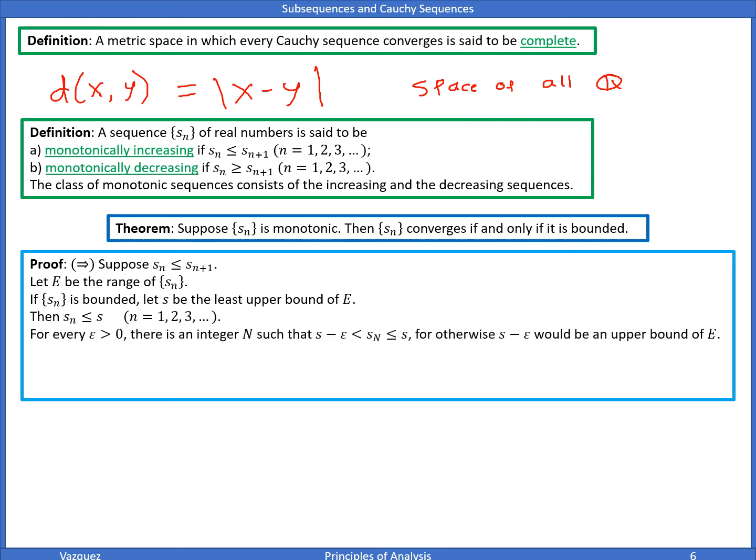Well, for every epsilon greater than 0, there's an integer N such that we can get a term of the sequence S sub N that's between s minus epsilon and s, our supremum. Otherwise, s minus epsilon would be an upper bound, and that's not the case because it's s. Right, so we can always find this S sub N.